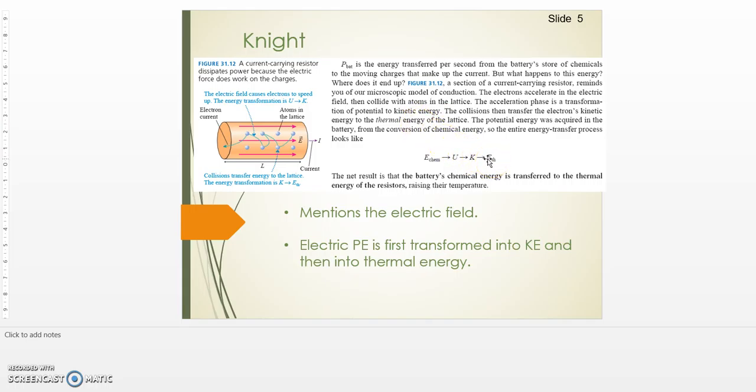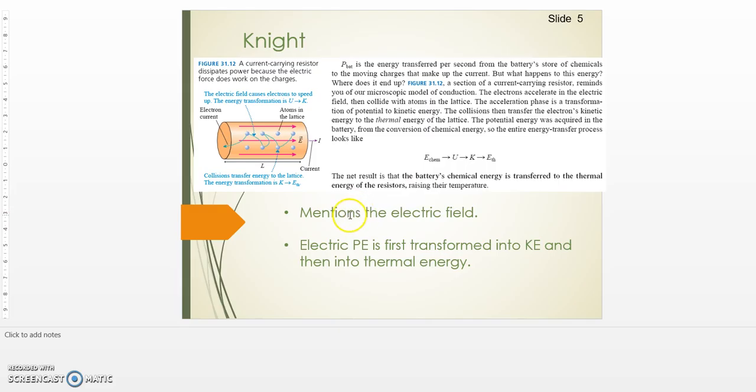So Knight is trying to explain why the kinetic energy remains constant. In other words, why the drift velocity of the electrons is constant, and his suggestion is that potential energy is being converted into kinetic energy, which is then straight away being converted into thermal, or at least some of it is being converted into thermal energy, and this is being done in such a way that the kinetic energy remains constant as the electrons go round the circuit.